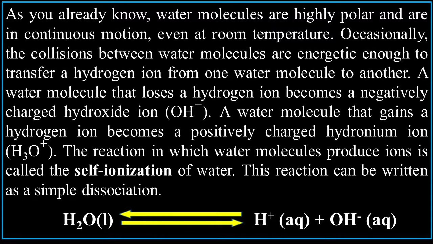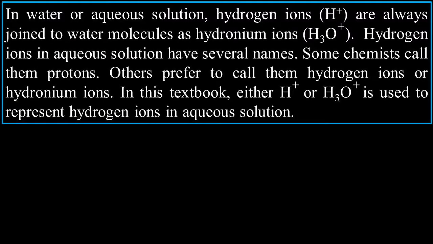A water molecule that gains a hydrogen ion becomes a positively charged hydronium ion, H3O+. The reaction in which water molecules produce ions is called the self-ionization of water. This reaction can be written as a simple dissociation, where water, H2O, is on the left, and on the right is H+ and OH-.